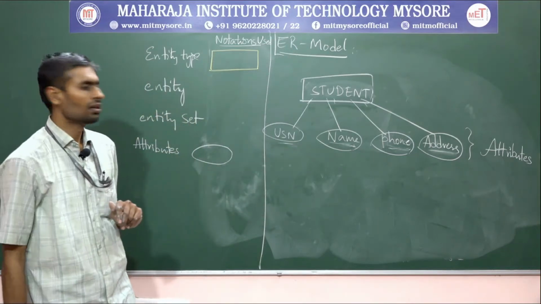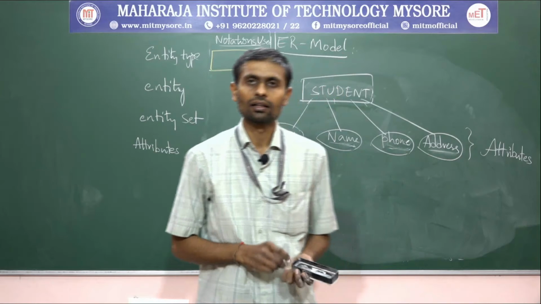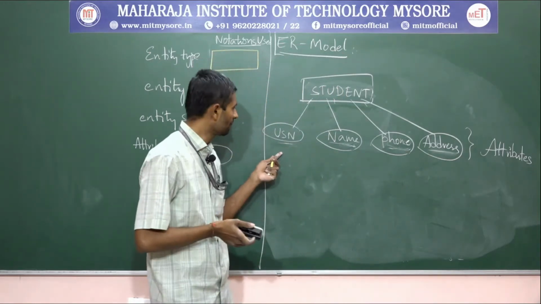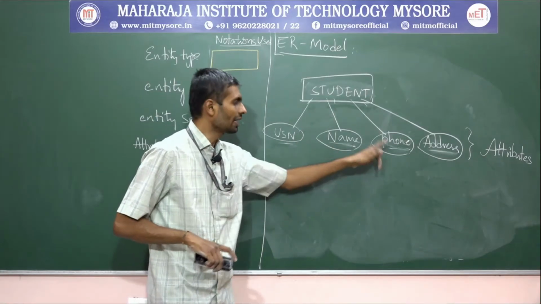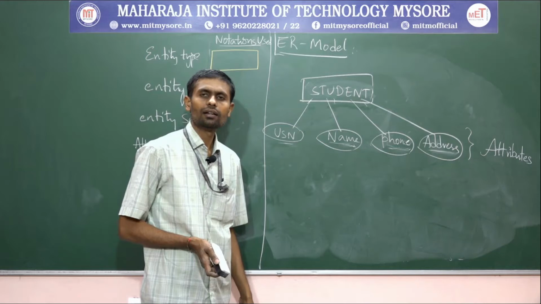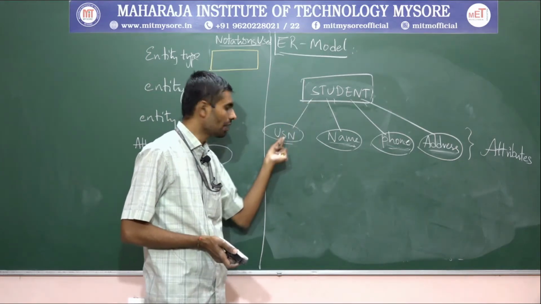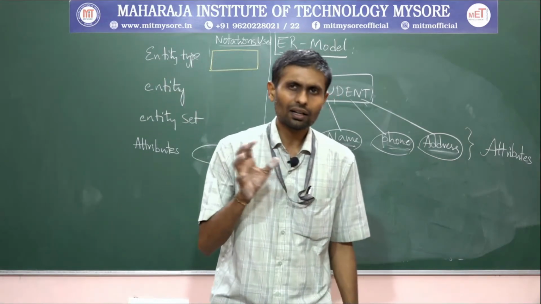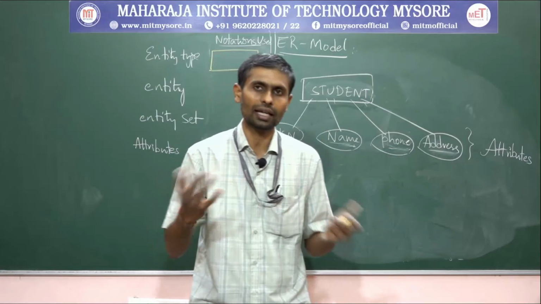Fine. Next, we have different types of attributes. Definitely observe, guys. Each student is not identified based on a name, or a phone number, or an address. We identify each student based on a USN. It's an indication that attributes also have some categories, that means their own types.